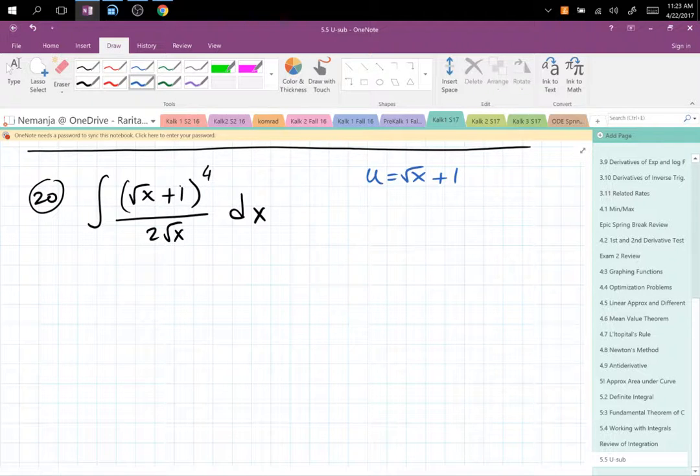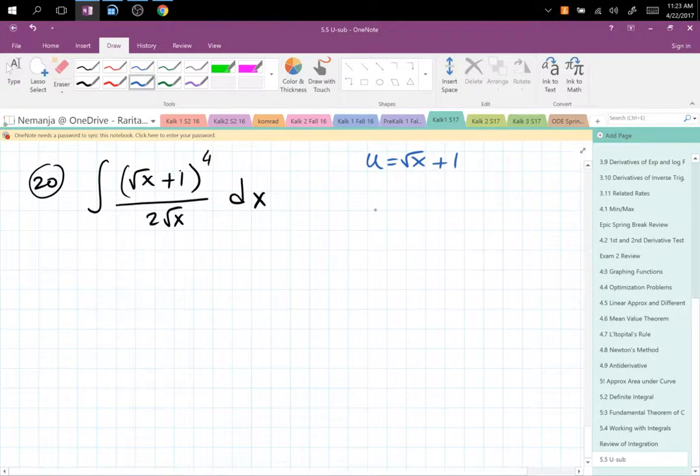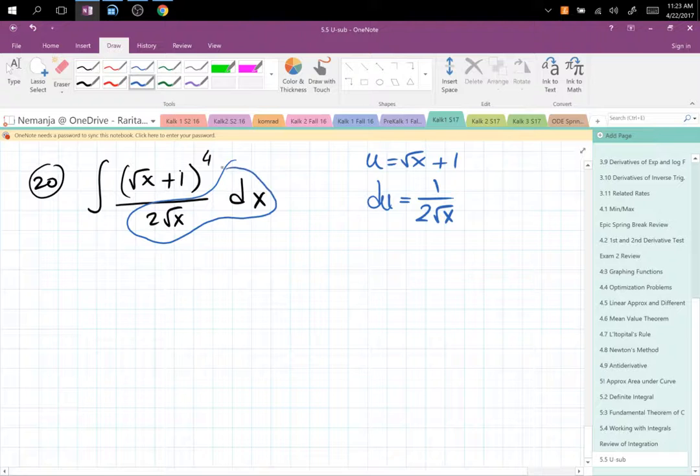Everyone done? All right, so I like to, let me draw a peanut there. So this peanut, the whole peanut, is du. So I have u to the 4 du.